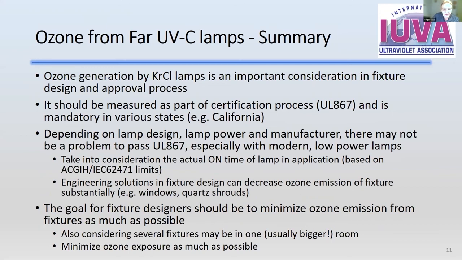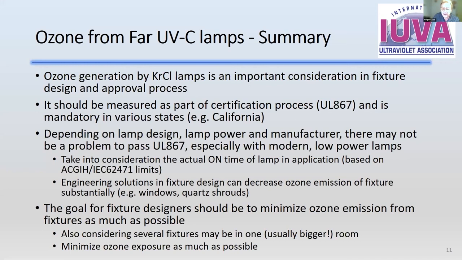I am not familiar enough with international regulations, but I assume it is not much different. When you go into testing, always keep in mind you are not testing the lamp, or not even the fixture, in always-on time. If you apply a fixture, you want to run it with the actual on time of the lamp.